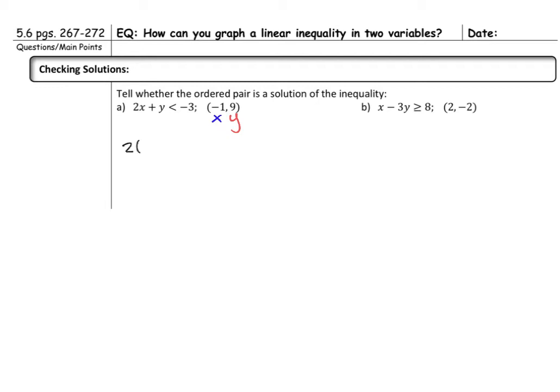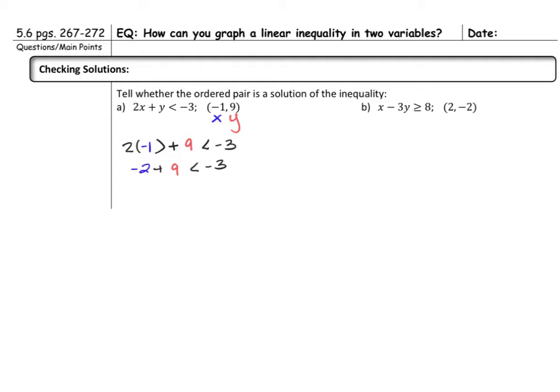So we have 2 times my x, which is -1. My y is 9, so I'm going to replace the y with the 9, and this is less than -3. So let's multiply the 2 and the -1. 2 and -1 is -2, plus the 9 is less than -3, and then -2 plus 9 is 7.